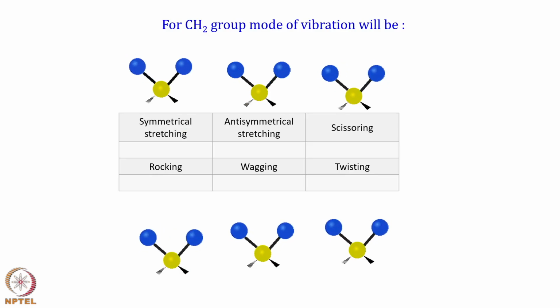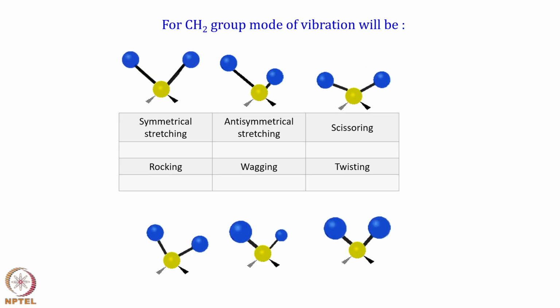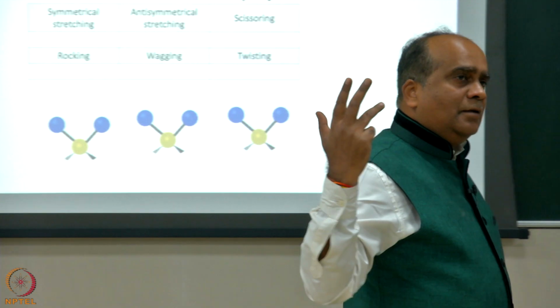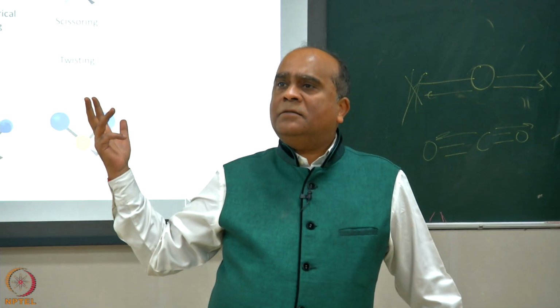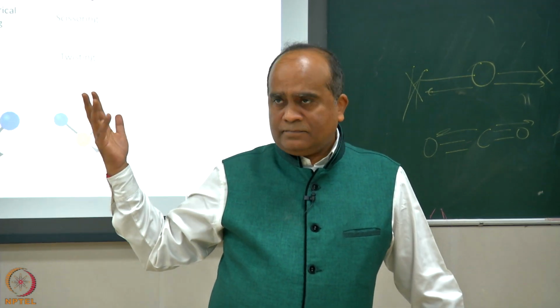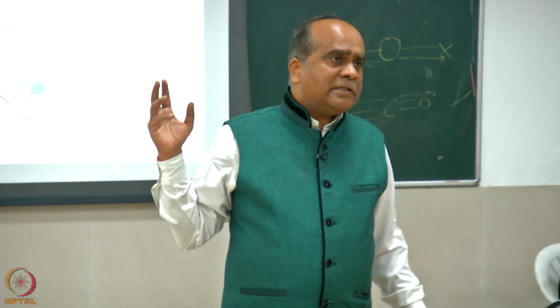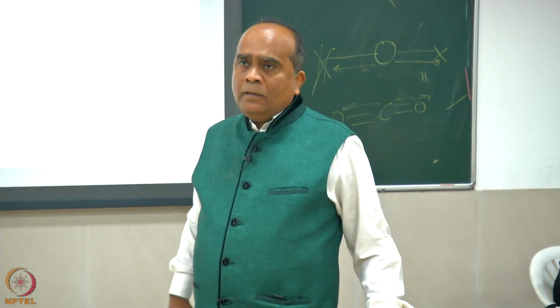Some of these contribute to IR spectroscopy. So CH2, how many atoms do we have? 3. 3 into 3 minus 9 minus 5. So 4 kinds of possibility it has, right?